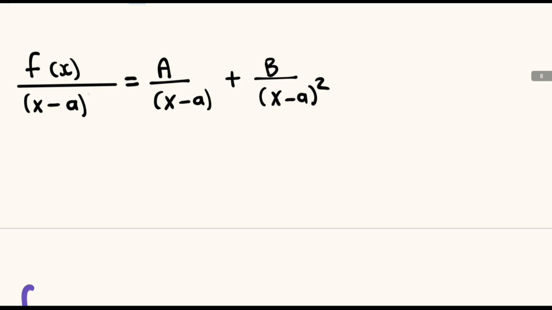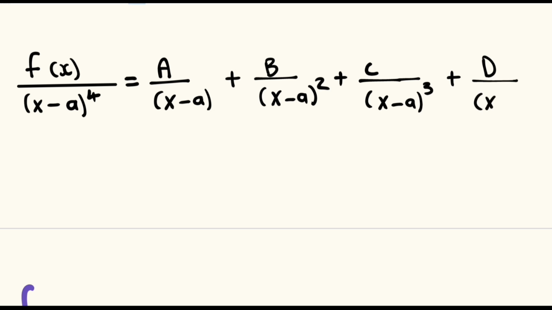Suppose we had x minus a raised to the power 3, then the decomposition will include c divided by x minus a raised to the power 3. Suppose we had x minus a raised to the power 4. The decomposition will include d divided by x minus a to the power 4.